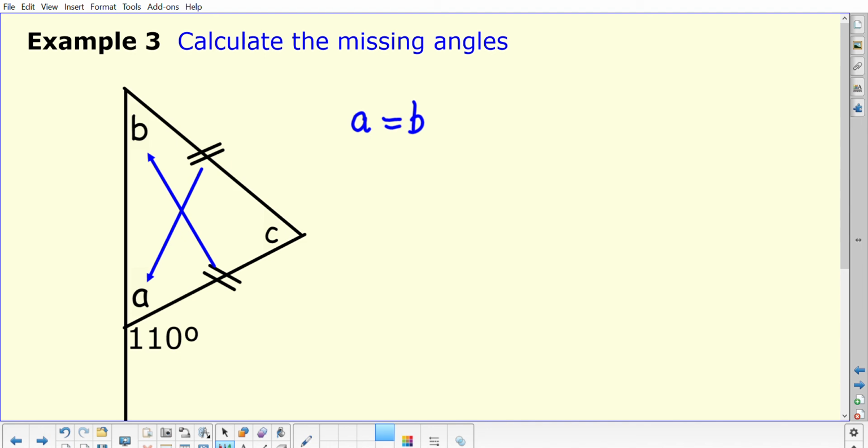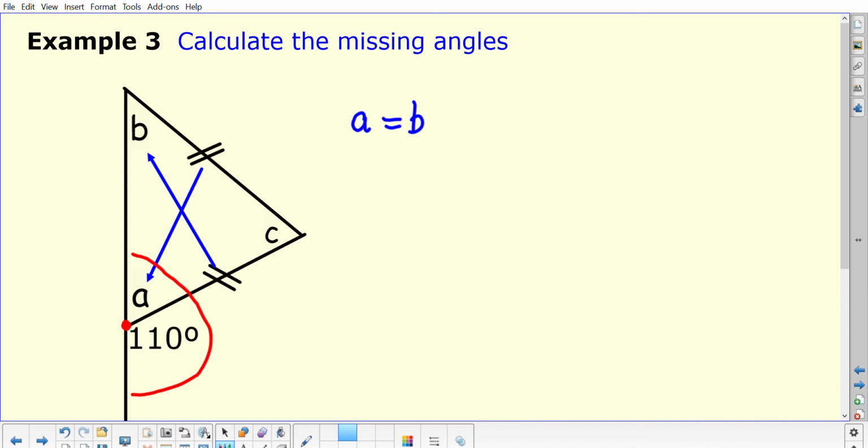However, inside that triangle, I don't know any of the angles at all, so I'm unable to do any instant calculation right away. But what I can notice is that the one other piece of information that we've got is that this angle 110 degrees is fitted together beside angle A, and they're making a straight angle.